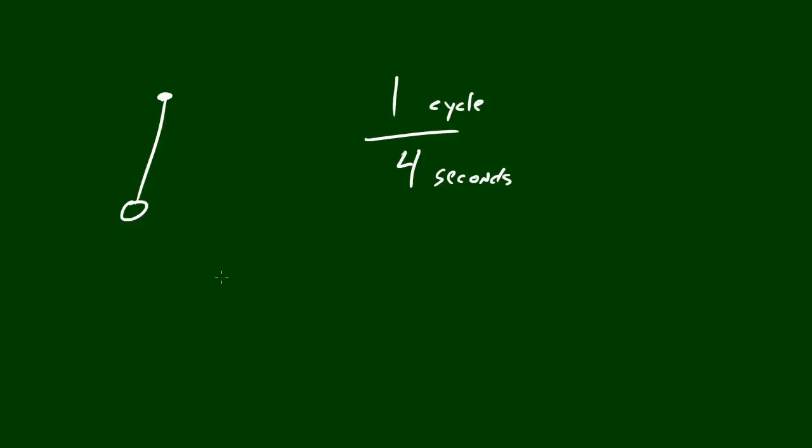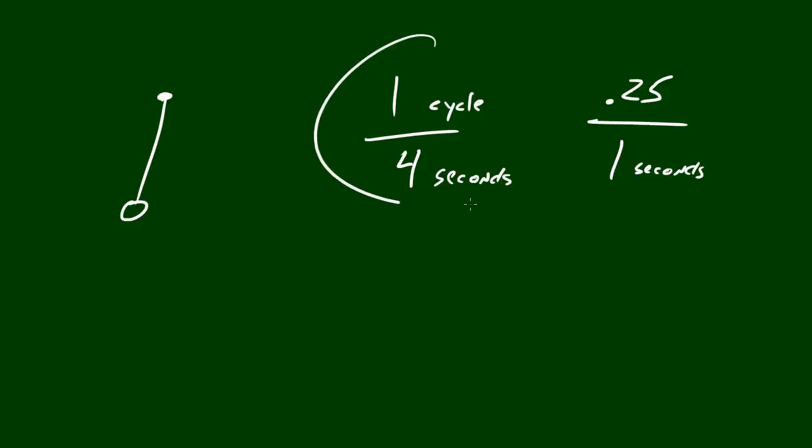What would this mean? If we reduce this, it would be 0.25 over 1 second. So if a pendulum had a frequency of 1 cycle every 4 seconds, then that would mean every single second it completed 0.25 swings. Do you understand? Easy enough.